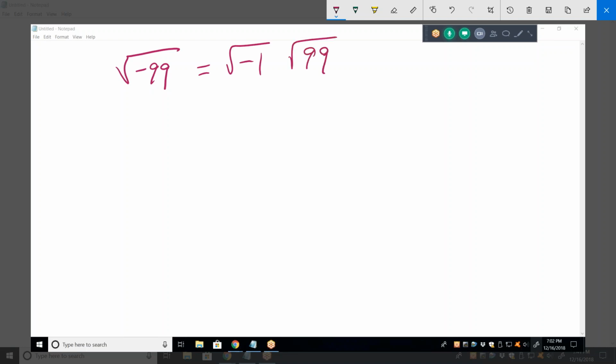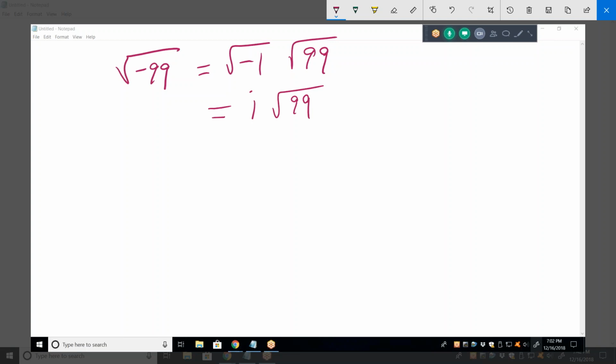You can always separate these radicals into two things multiplied together. Square root of 6 is the square root of 2 times square root of 3. Things like that. By doing this as your first step, you take all of the difficulty out of it. Now you have i, which is what that first thing is, times the square root of 99.